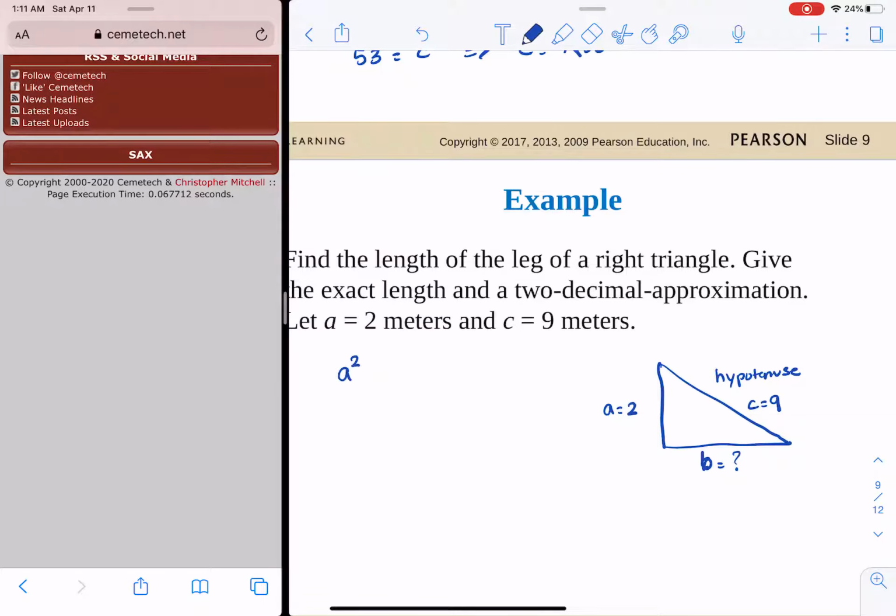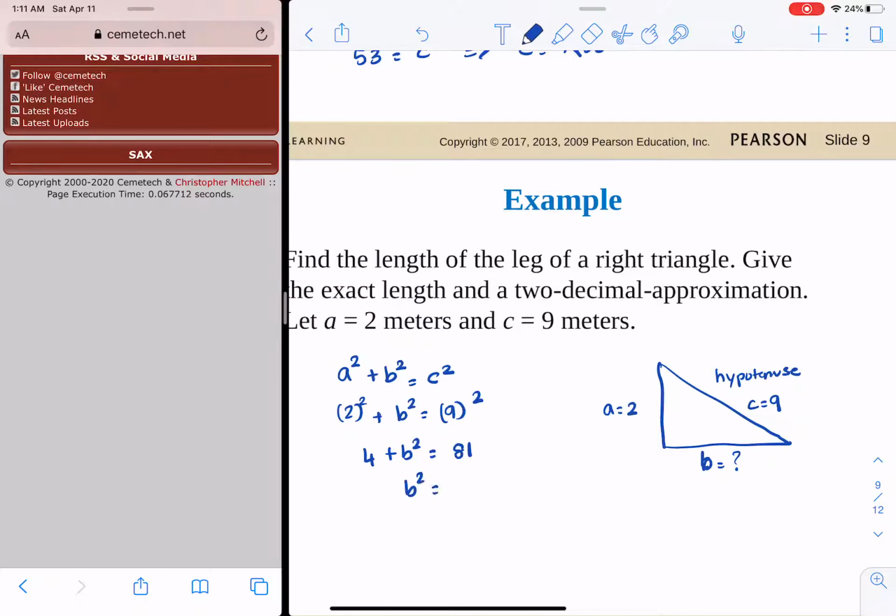Again, we use the formula A squared plus B squared equals C squared. So 2 squared plus B squared equals 9 squared. 4 plus B squared would equal 81.